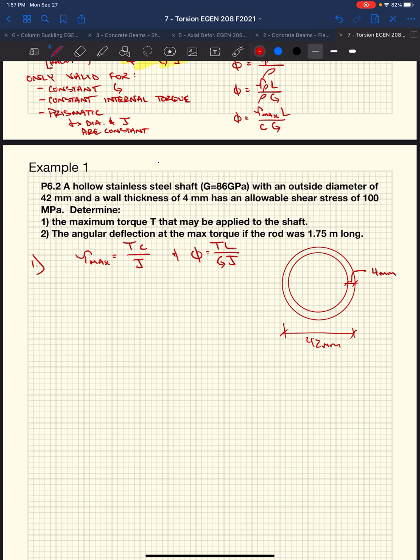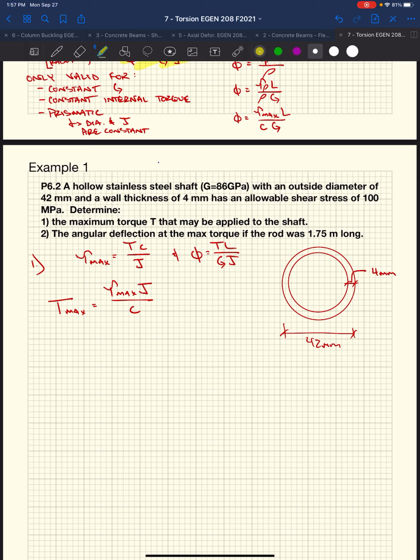Those are our two big equations. We're calculating what the maximum torque is, so we can take our first equation, which relates the maximum shear stress to the torque, and rearrange it. Now we get maximum torque is our maximum shear stress times J all over our radius, our maximum radius for our cross section.